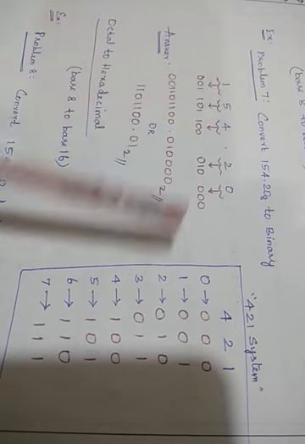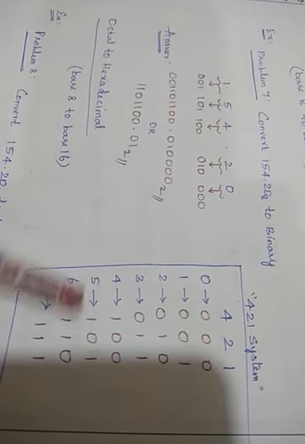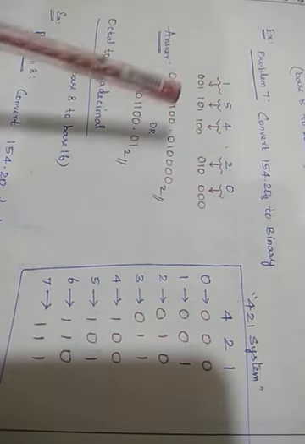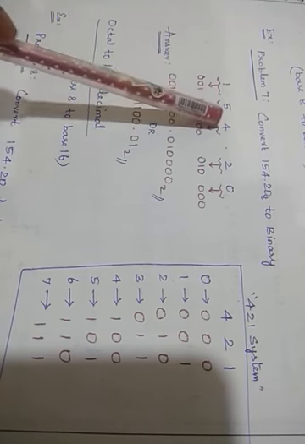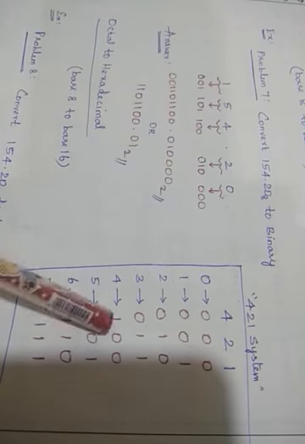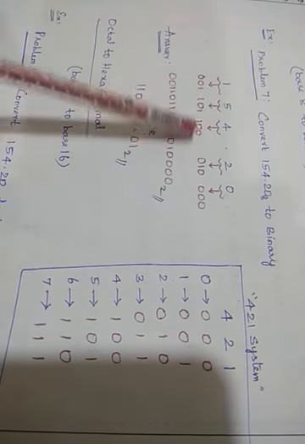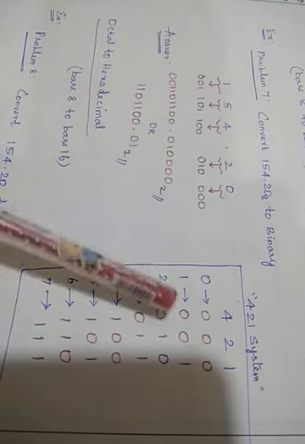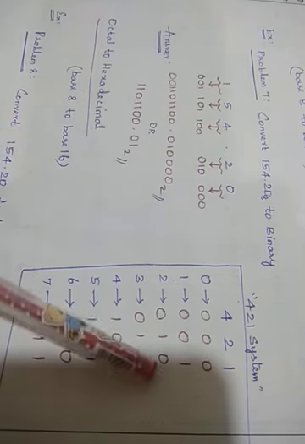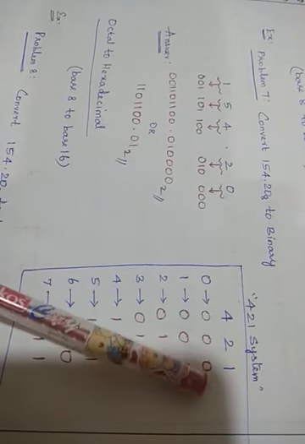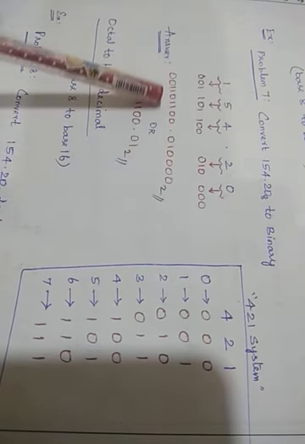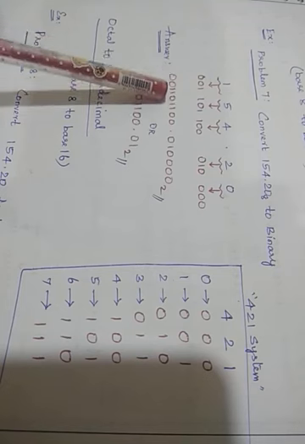And 5 means 101. So 101. 4 means 100. So 100. 2 means 010. Right? 0 means 000.